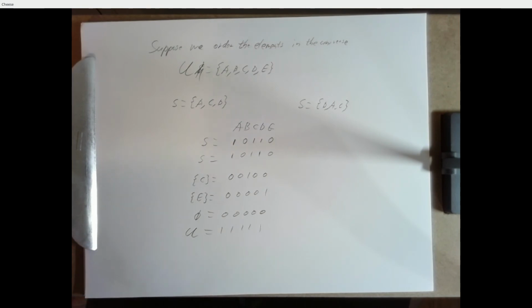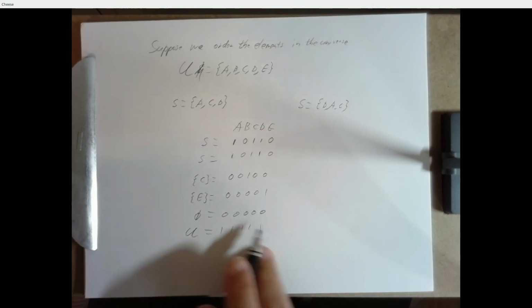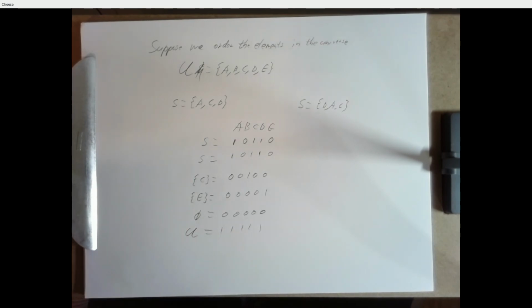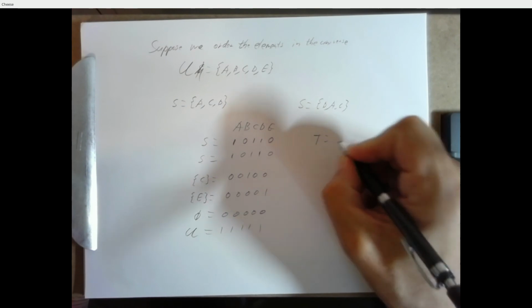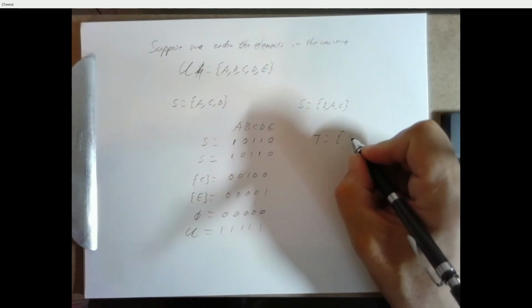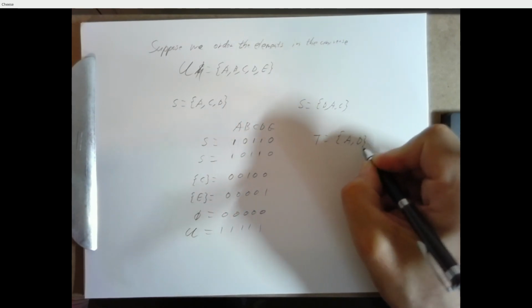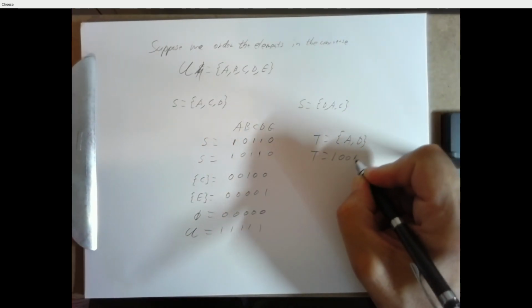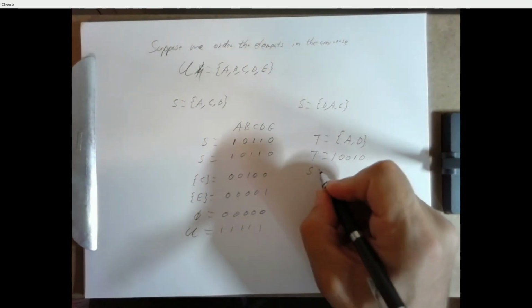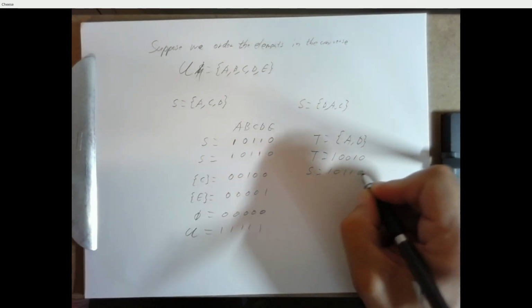And the nice thing about this representation is that we can apply our set operations, union, intersection, complement, by doing the same thing to these Boolean numbers. So for example, suppose S equals this set ACD, and suppose T is equal to the set AD. So T would be written as A, B, C, D, E, and S is 1, 0, 1, 1, 0.